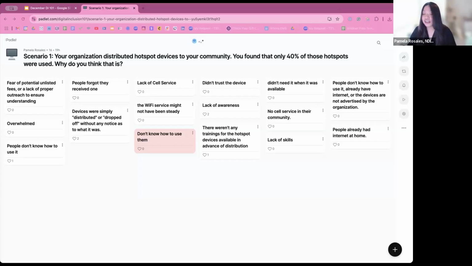This is really great. And y'all, this is the first time we're doing this activity. So thank you all for participating. And so the second question I have, which let me just edit at the top so you all can see it. Okay. So you can still participate. Stay on the same link. But scenario number 2 is you're offering a digital skills class, but people aren't picking up the skills or your attendance is dropping off.